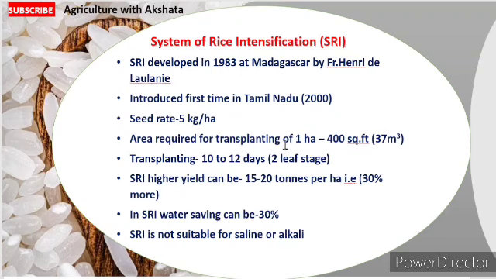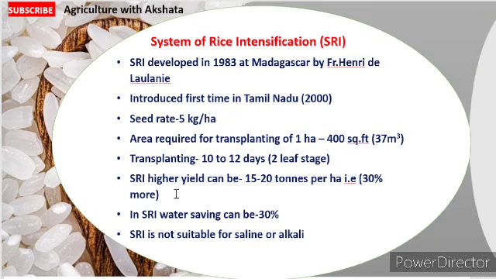The area required for transplanting 1 hectare is 400 square feet or 37 meter square. Seedlings 10 to 12 days old, or at the 2-leaf stage, can be transplanted to the main field in the SRI method.